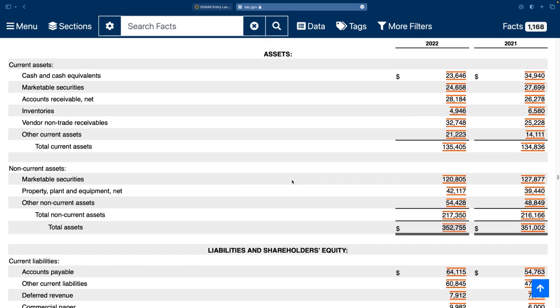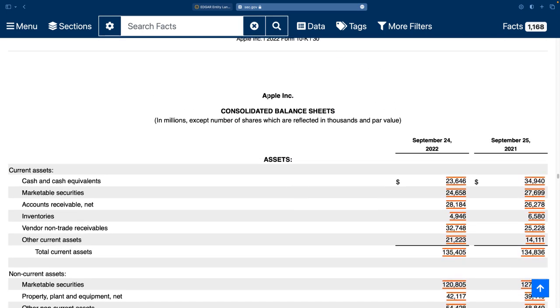This goes back to what we talked about earlier. Notice when I come up here to Apple's consolidated balance sheet, it says all the numbers are in millions. Notice that Columbia and Lululemon were in thousands, but Apple's is in millions. That means you don't put 3 zeros after the number, you put 6 zeros after the number. So for instance, cash is $23,646.